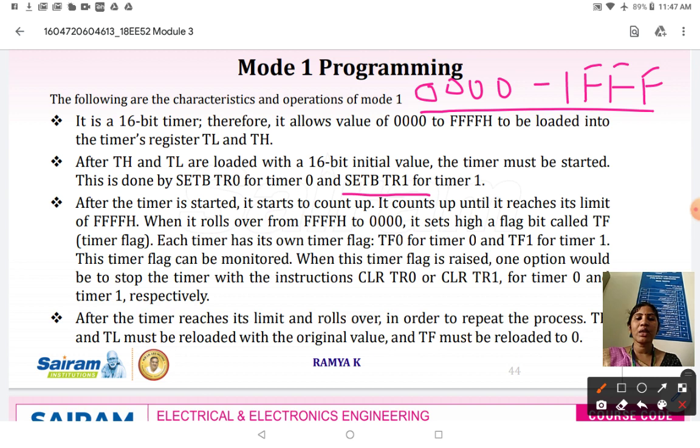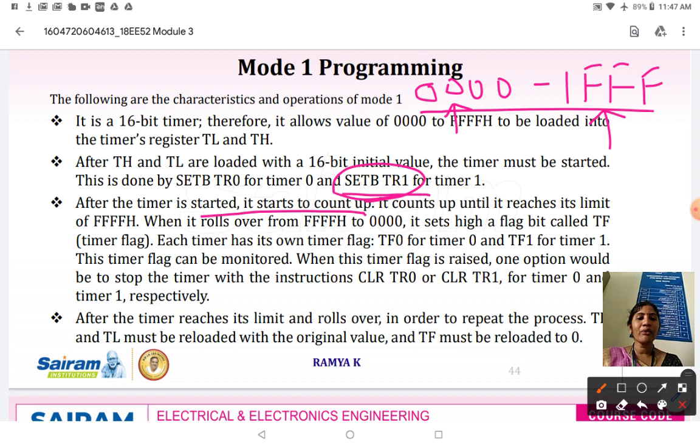Once the timer is started, it starts to count. Suppose you give a minimum count of 0000 and a maximum count of 1FFF. As soon as SETB TR is executed, it starts to count from 0000, 0001, and likewise.